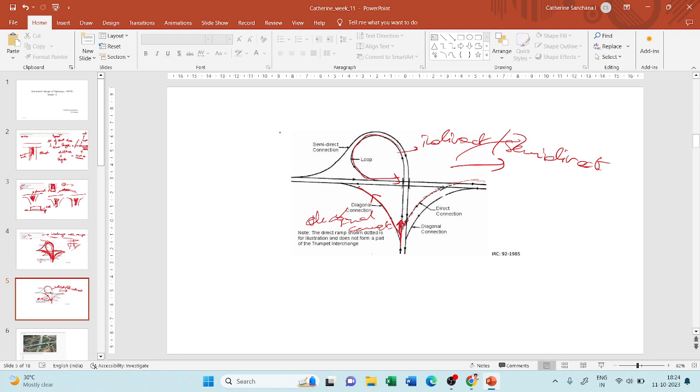If you take this direct connection, obviously you will have a conflict point here. But when you go through this loop, you will never face a conflict point anywhere, except for merging and diverging conflicts, which can be considered minor conflicts. You will not have any cross conflict with the other vehicles when you make a left movement.